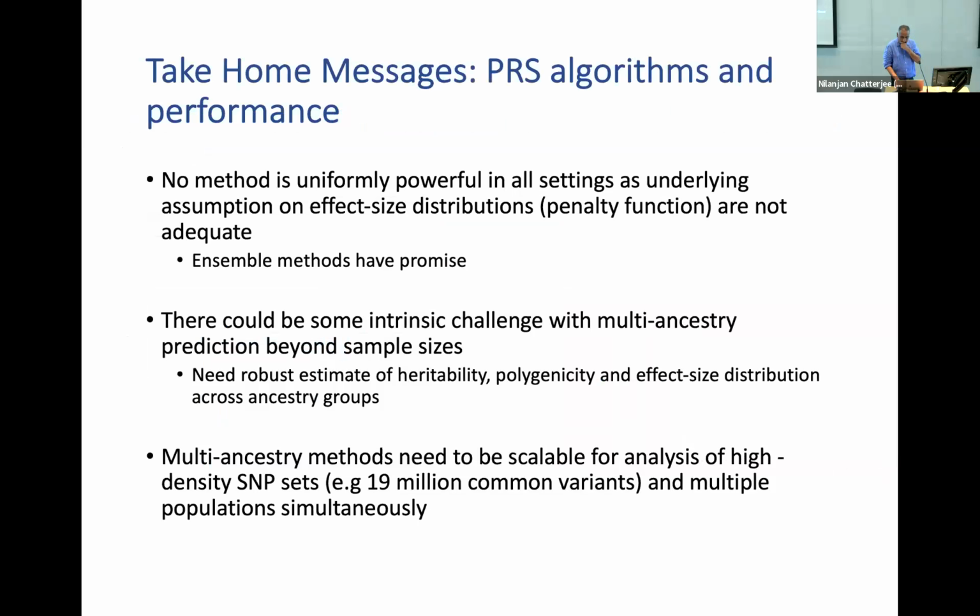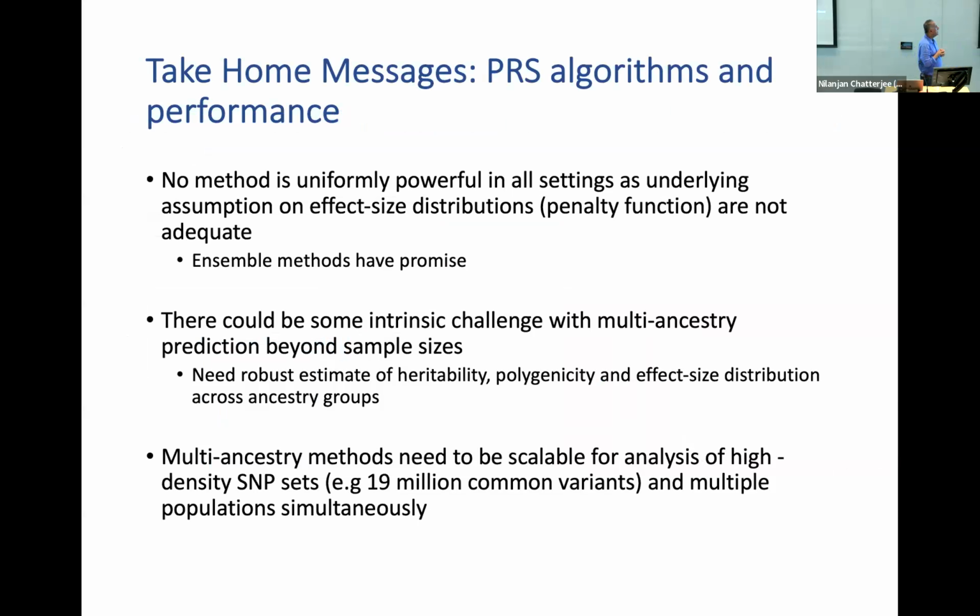So that's kind of your take-home messages from this part: after a lot of careful work, a lot of evaluations through simulations as well as data analysis, we didn't find any method that is uniformly powerful in all settings. Because of the issue I mentioned, different scenarios, different populations, and different traits have different properties.